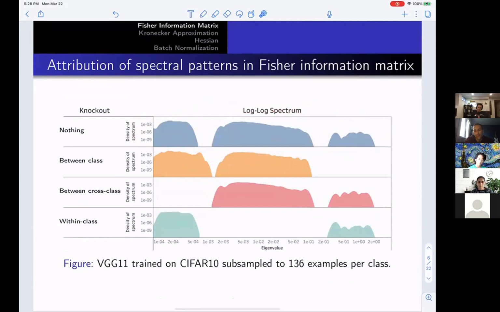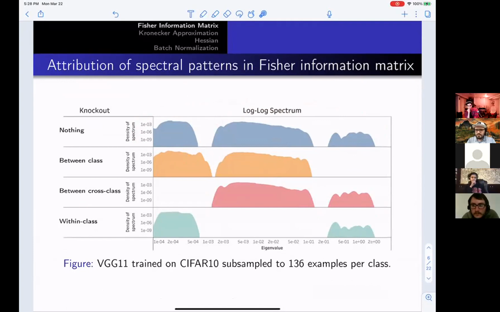Now, what you can do is you can check what would happen if you eliminate different parts of the spectrum. For example, if you eliminate the between class covariance of the extended gradients, then this bump would be eliminated.